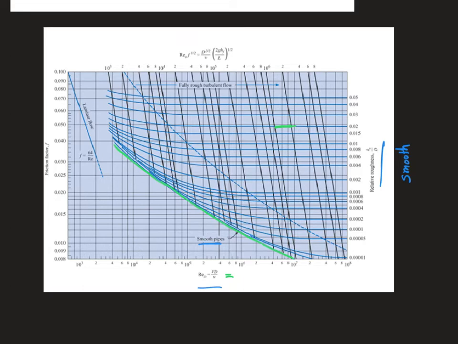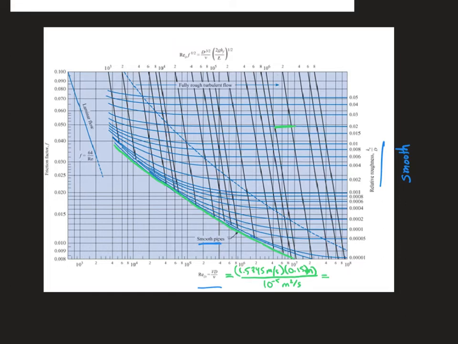So to solve for that Reynolds number, we're going to plug in numbers. Our velocity, which is 1.5845 meters per second, times the diameter of the pipe, which is 0.15 meters, and then we're going to divide that by the viscosity of the oil, which is given as 10 to the minus 5 meters squared per second.